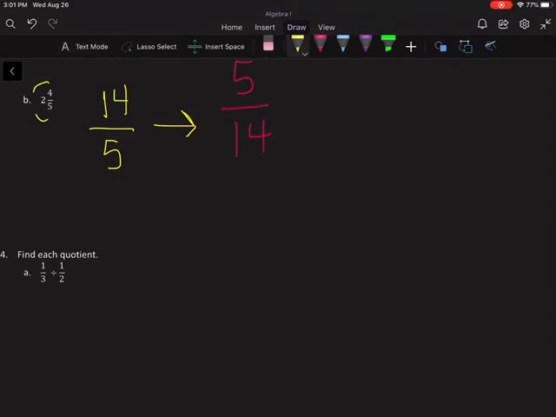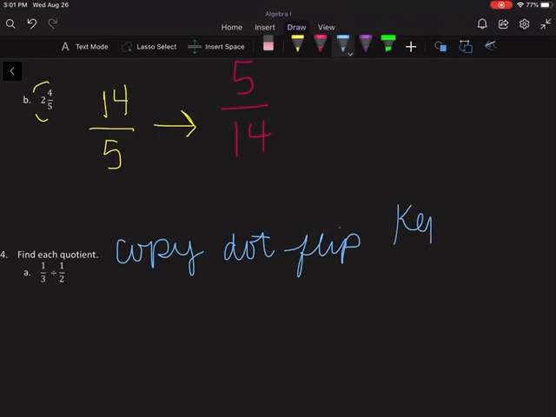All right, so we're going to find each quotient. I'm sure all of you might have heard of the whole copy, dot, flip, or keep, change, flip. Either one works, right?